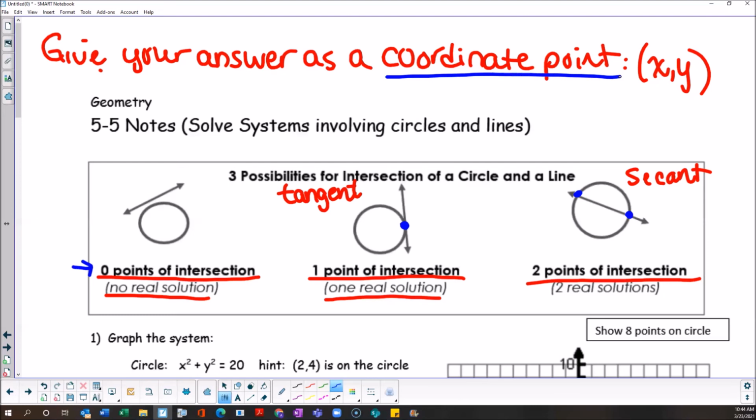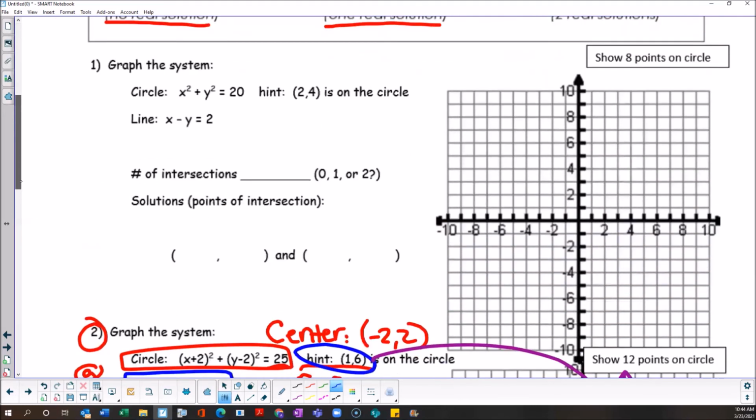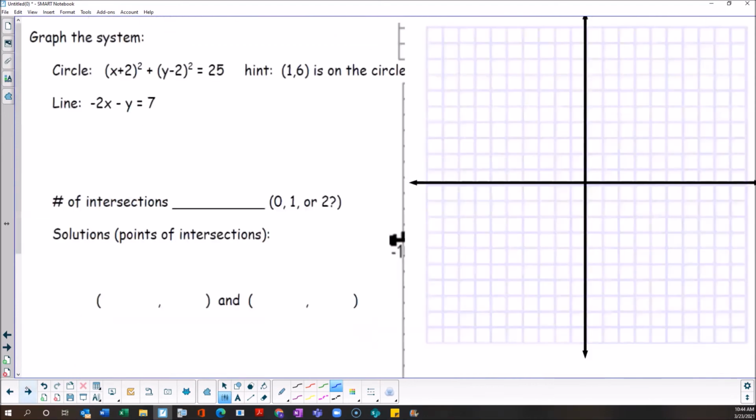So this first problem, I'm going to skip it on the notes, because X squared plus Y squared, that's easy to find the center, right? That's 0, 0. But the radius is kind of nasty to graph because it's the square root of 20. And so I'm going to skip that one, and we're going to do number 2 here. I copied number 2 over here, but this matches your number 2 on your notes page.